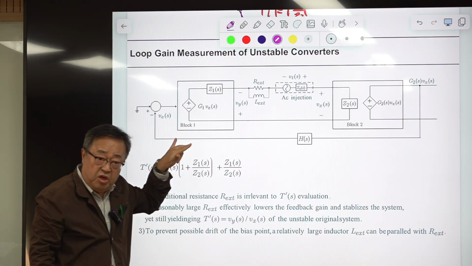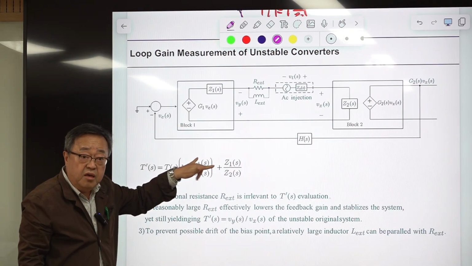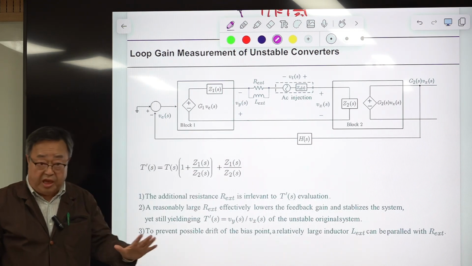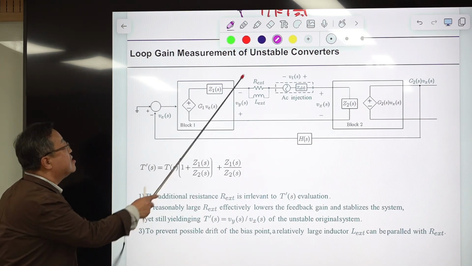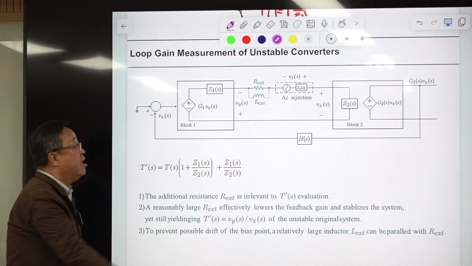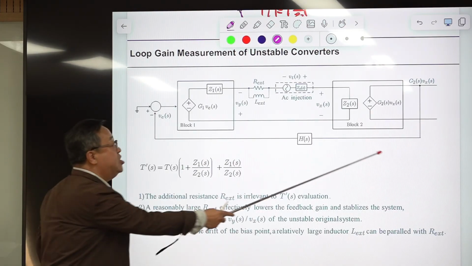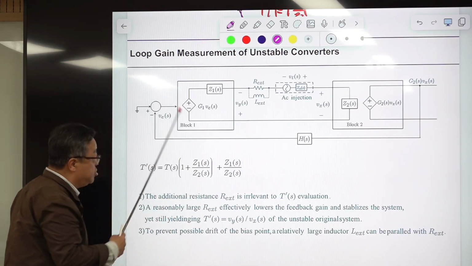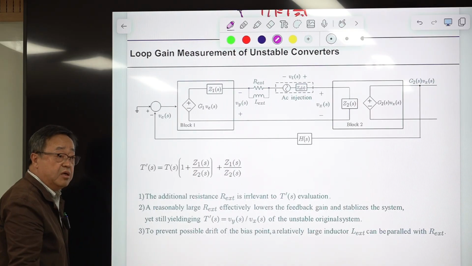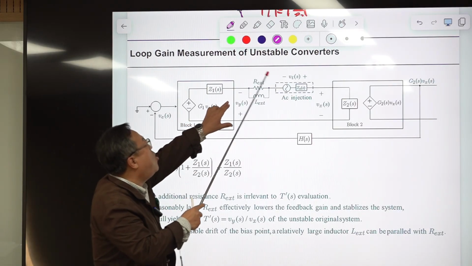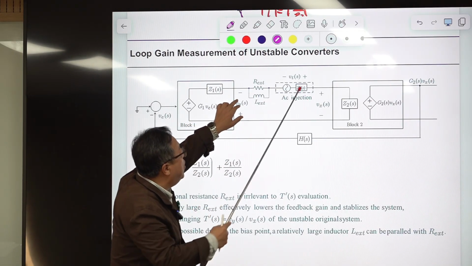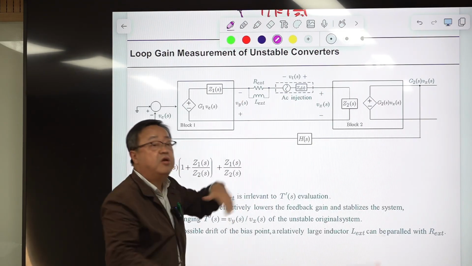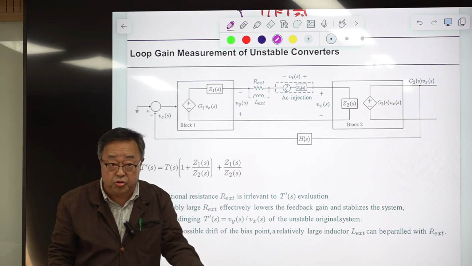This is the pseudo loop gain. Okay, but the original system was unstable. But by adding this Rext we will stabilize this originally unstable system. The feedback signal is somehow divided by this one and this one, so there is just some attenuation in magnitude.